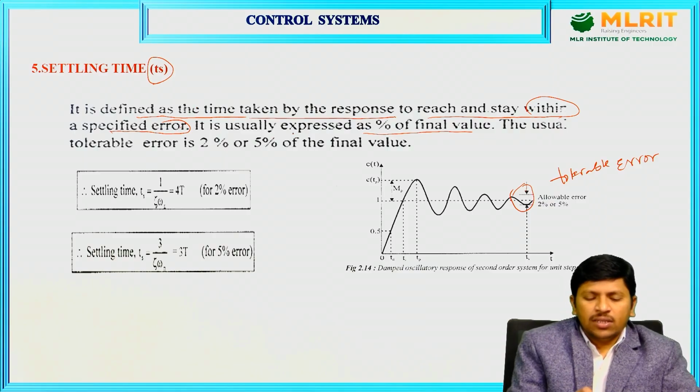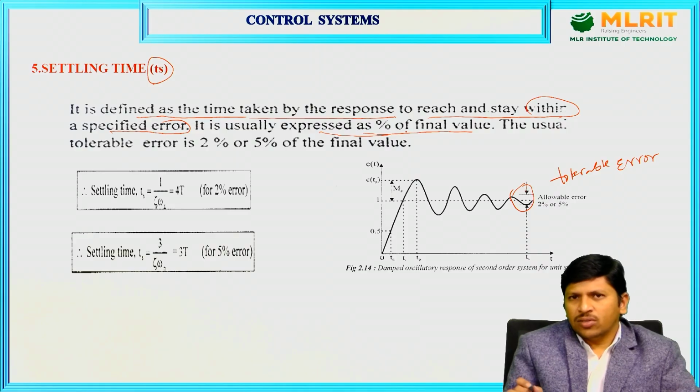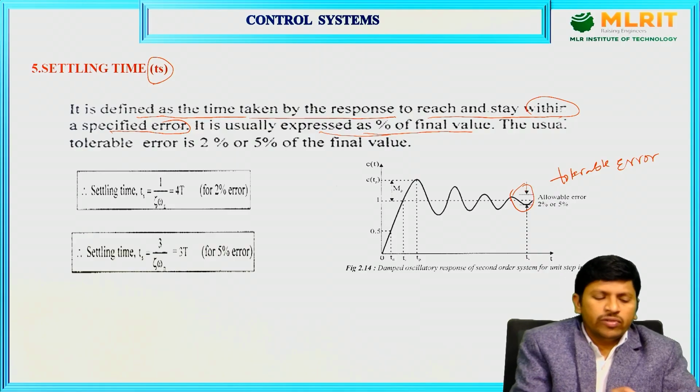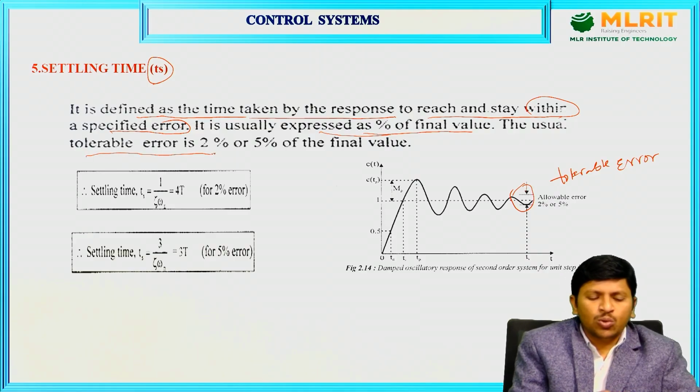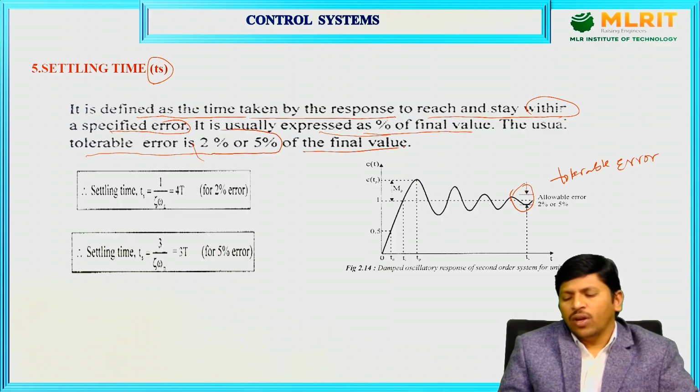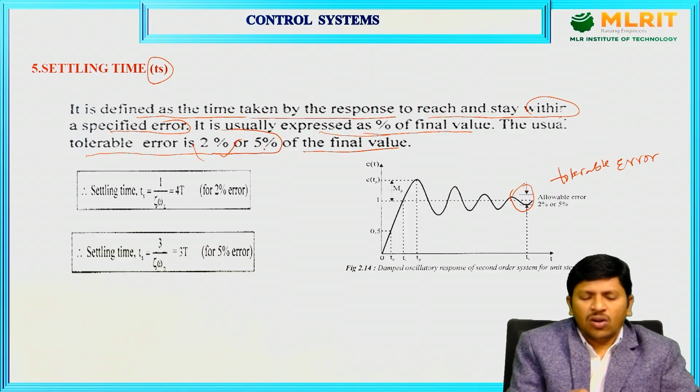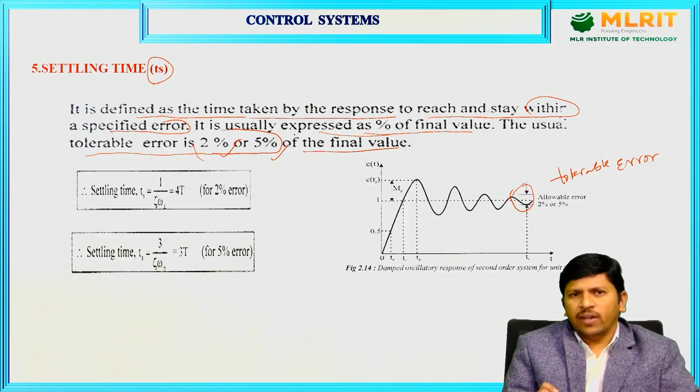It is expressed in terms of percentage of the final value. The usual tolerable error is 2% or 5% of the final value. We have two tolerable or allowable errors: 2% or else 5% of the final value.